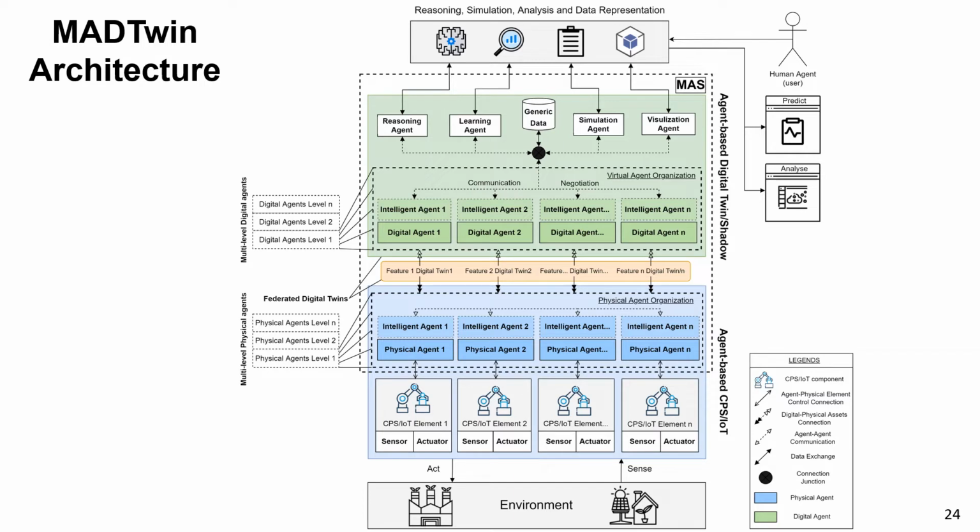And as a result, the user can carry out several tasks by using this digital twin, like reasoning and learning and simulation and visualization, in order to control and to monitor and simulate the system.